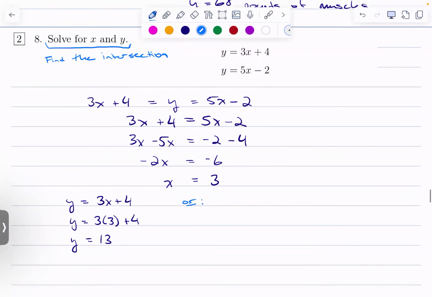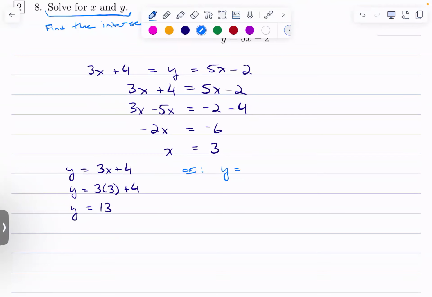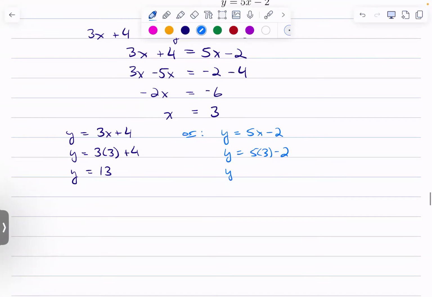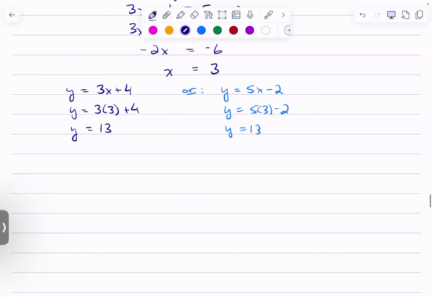But I like to do it just to check my work: 5x minus 2, 5 times 3 minus 2, again, puts me at y equals 13. You don't have to show both, as long as you're confident. So therefore, x is 3 and y is 13.